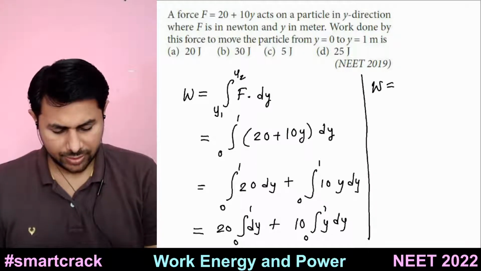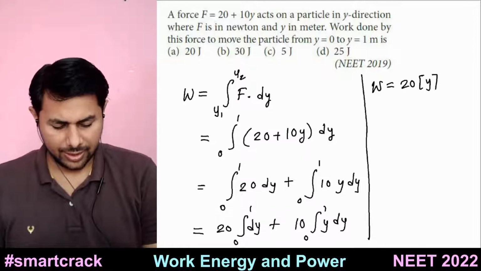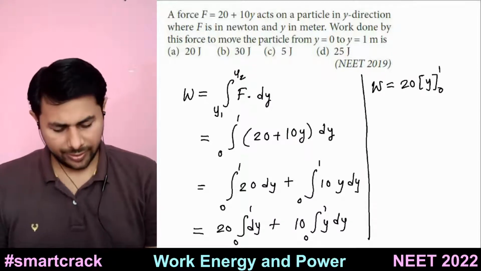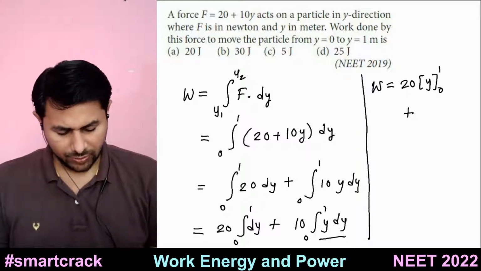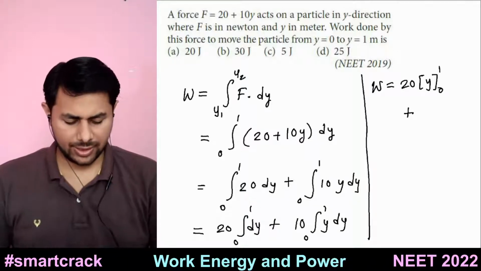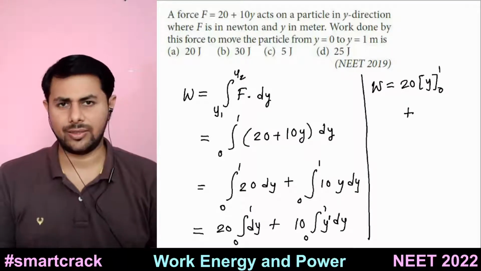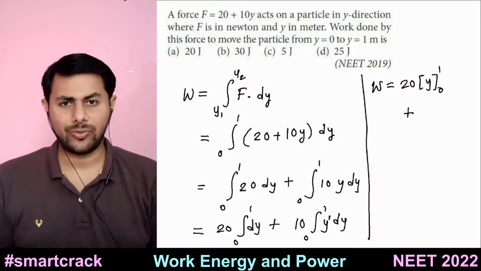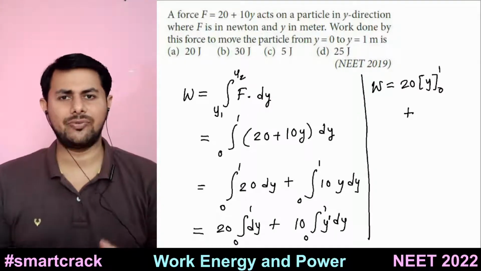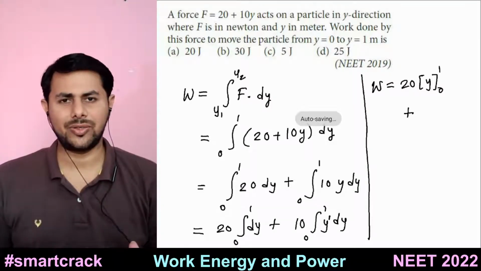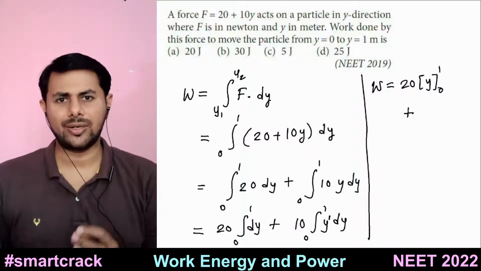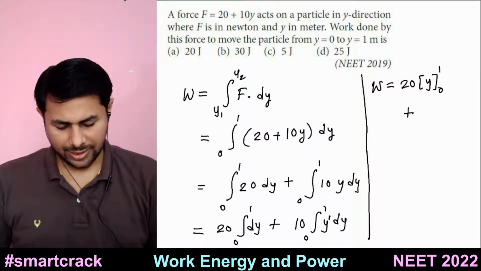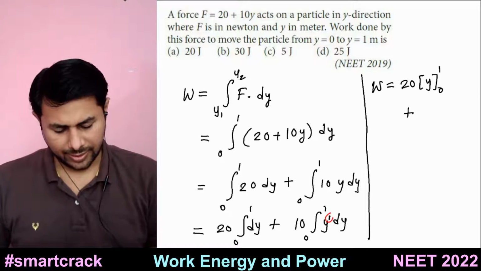So work done equals 20 into y, lower limit 0, upper limit 1, plus the integral of y dy, which is the integral of y raised to 1 dy, right? So what is our formula? Integral of y raised to n is y raised to n plus 1 upon n plus 1. Here n is 1.